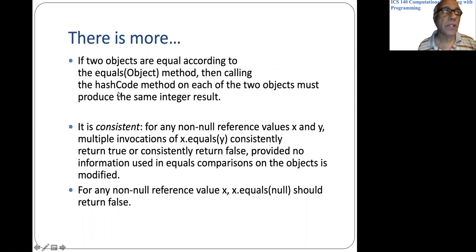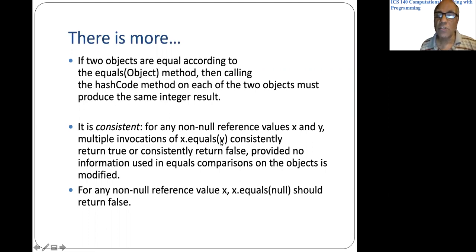There is another method in the Object class called hashCode. If you have two objects equal by the equals method, then the hashCode on those two objects should also produce the same integer values. And when you have two objects, x and y, x.equals(y) should be consistent.